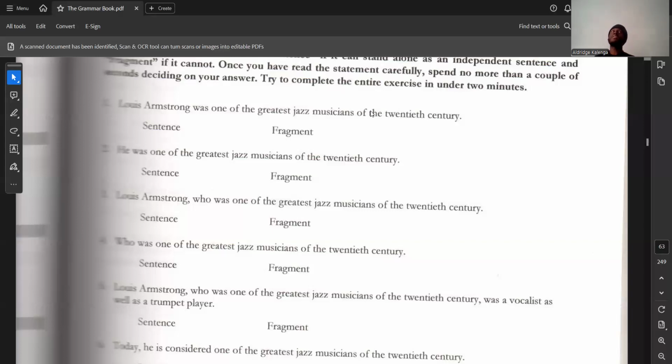Now the beauty about a subject is that, at the end of the day, we do not need to know who the subject is. We do not need to know the actual name. In this case, "he" is a pronoun. A pronoun is a word that replaces a noun.